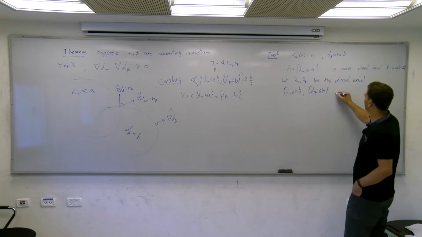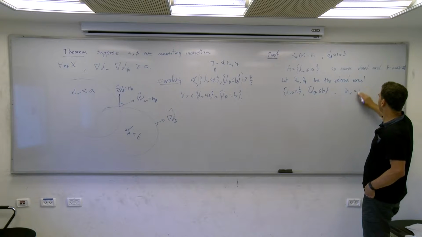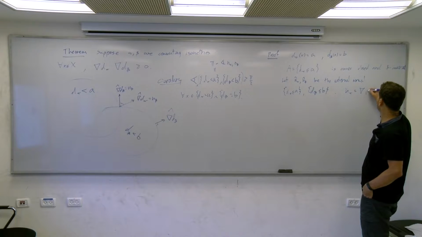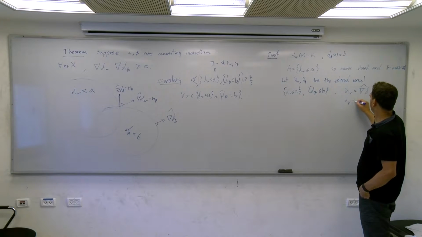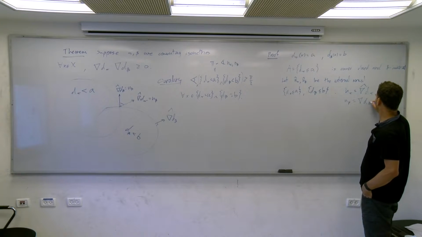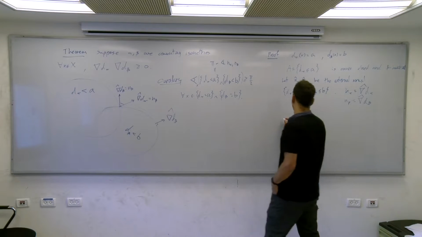Basically, we know that n_alpha is the gradient of d_alpha if I normalize, and n_beta is the gradient of d_beta. Let's look at the picture.